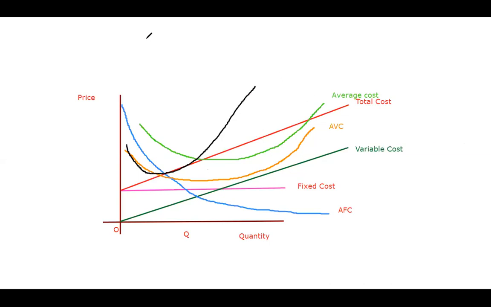That will be marginal cost. Marginal cost. So these are the various curves we have. And if you take these things out, the total cost, sorry, the variable cost, fixed cost, you can see the better picture in there.